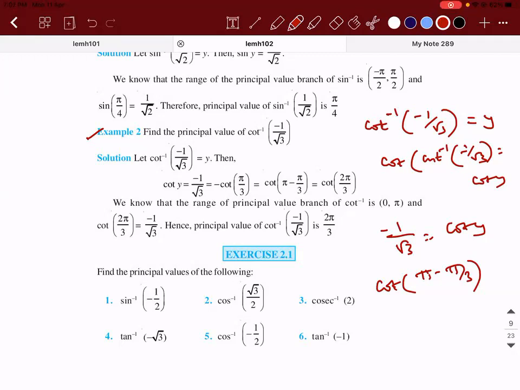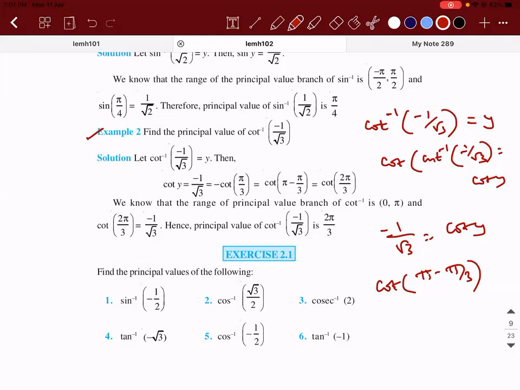In the second quadrant, I know the format of the angle is pi minus alpha for those functions whose restricted domains are between 0 to pi. This is the same logic you need to apply for cos inverse and secant inverse. So wherever cot inverse, secant inverse, or cos inverse are having negative values, you write pi minus the acute angle.